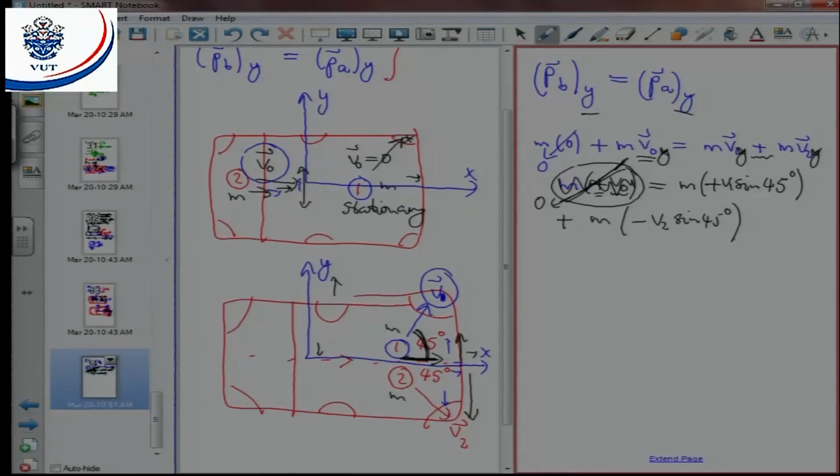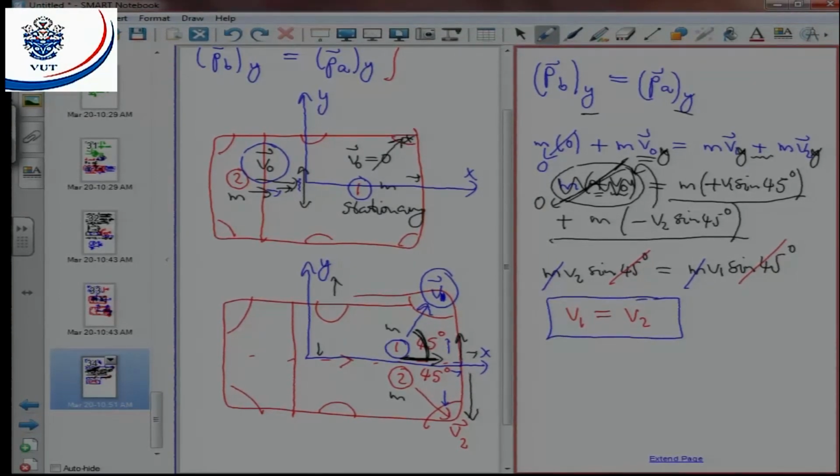So what we learn is 0 equals this term plus this term. Now I'm going to take the negative term to the other side so that it becomes positive. Then it becomes m v2 sine 45 equals m v1 sine 45. And now you can see that the m's cancel, the sine 45 cancels. So we learn that v1 equals v2. So that's our first equation.